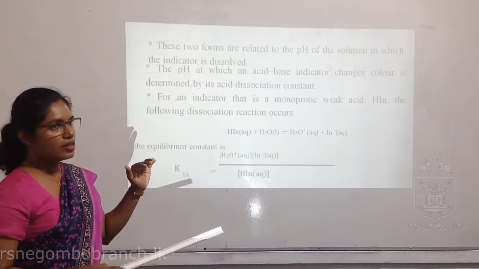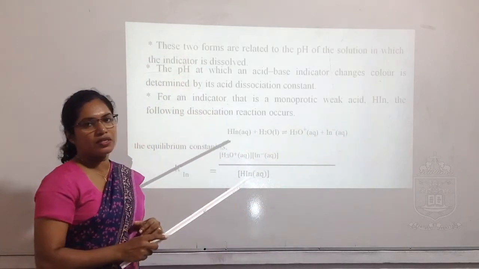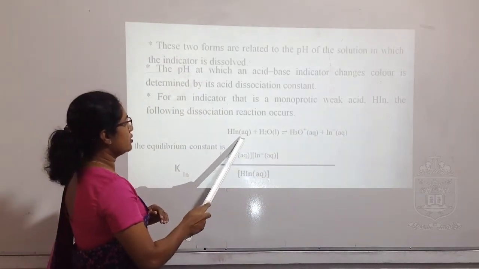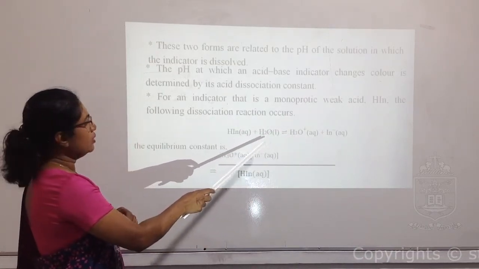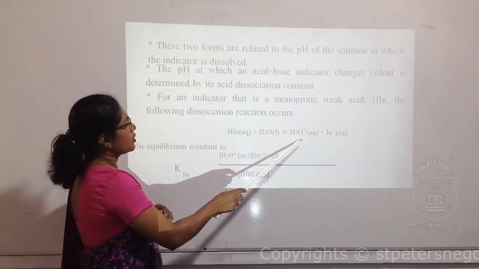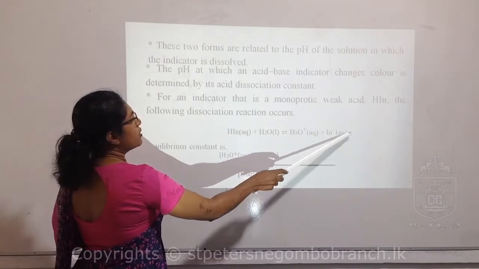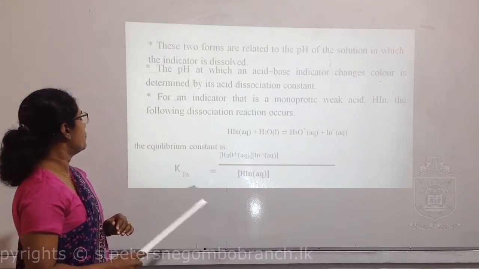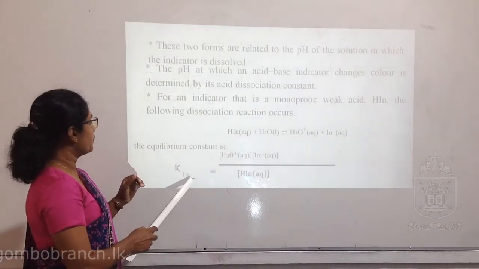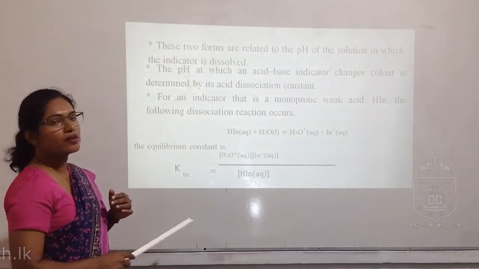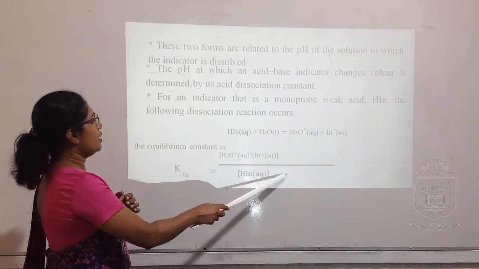If we take the dissociation of the HIn indicator, this is a weak acid and it dissociates like this: HIn aqueous reacts with water to form H3O plus aqueous and In minus aqueous. And for this equilibrium, we can write the KIn value.